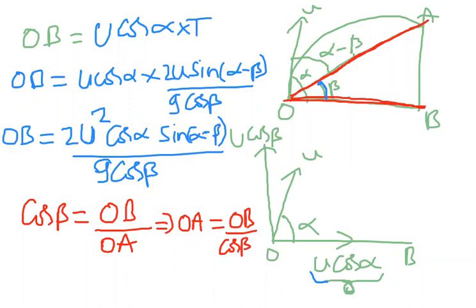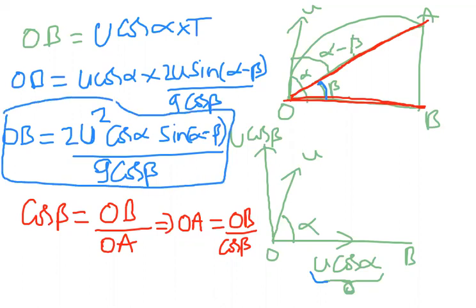Observe carefully here. This is the OB value we got, and now OA is OB by cos beta.